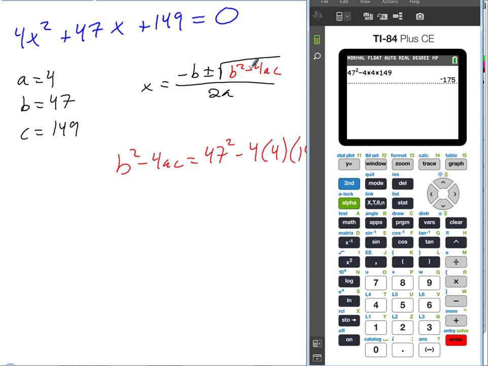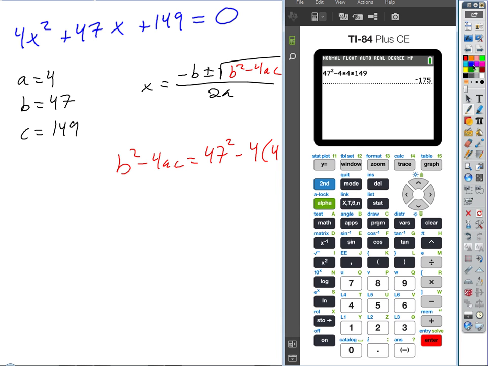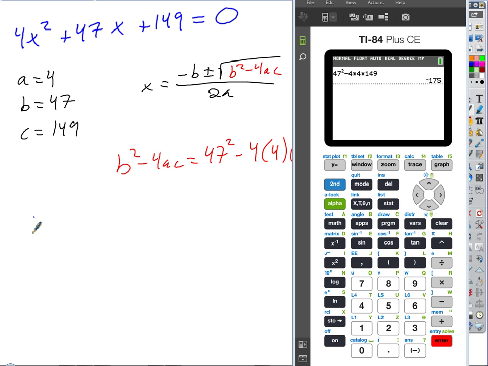Remember, a quick review from Module 3: if the discriminant is greater than 0, we get 2 real solutions.